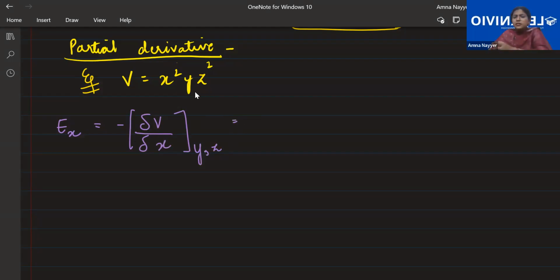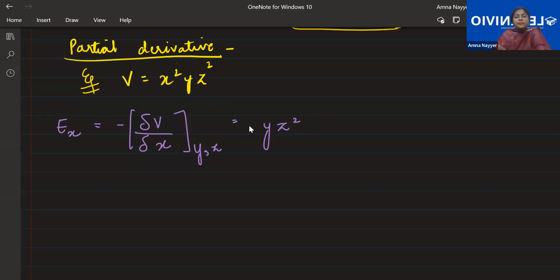Don't think that this is a variable term. Just think as if it was a constant, like 3 was given, 4 was given. So we take the constant out. So this will be y z square as it is. Just like 3, 4, we bring out the constant value. X square is left. X square will only be differentiated.